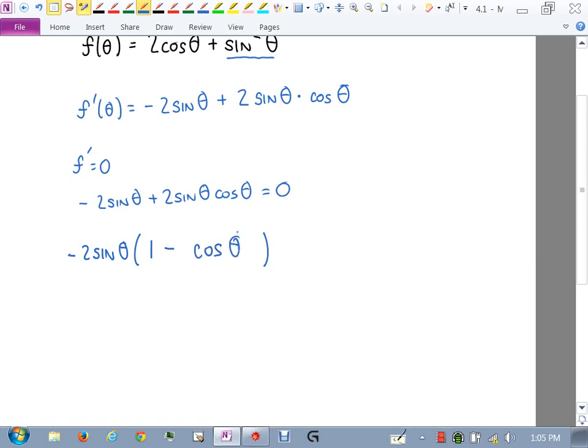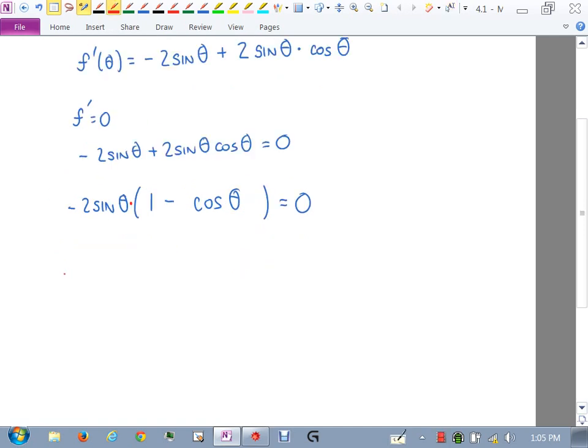There we go. It all depends on what you pulled out of there. It was suggested that I pull a negative 2 sine out, so that's why I changed the signs of what was there. And then the whole reason we do that is because now you have multiplication. Negative 2 sine theta times 1 minus cosine theta. You set each of those factors equal to 0. So I take negative 2 sine theta, set it equal to 0. I set the other factor, 1 minus cosine theta, equal to 0.